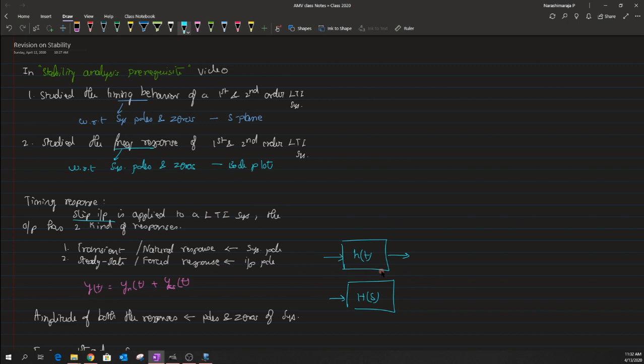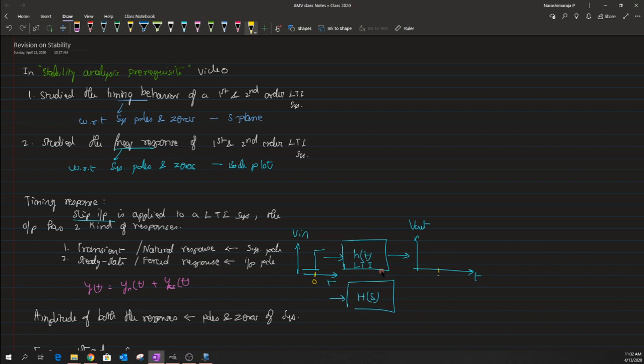Now what happens is that to this LTI system, when I apply a step input, the output basically contains two components. If I plot with respect to time, this is my V in versus the time, and this is my V out versus the time, and the output in general will have a behavior. So let me mark this particular point as 0.